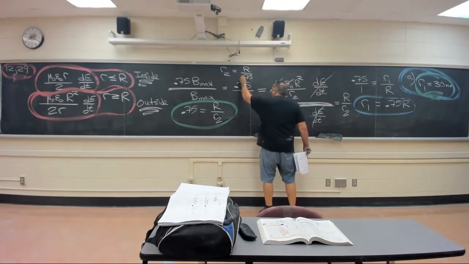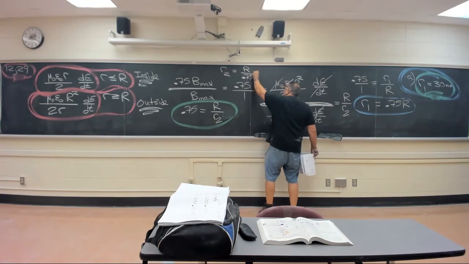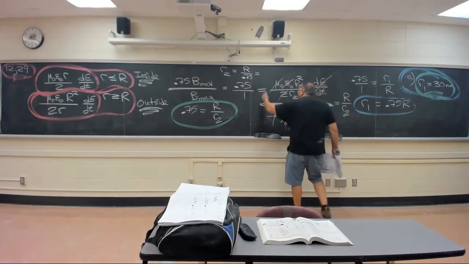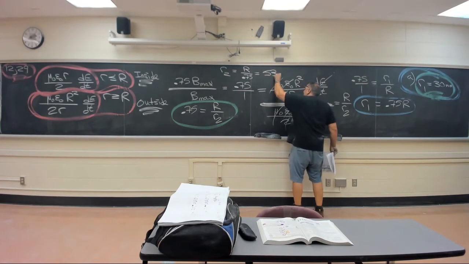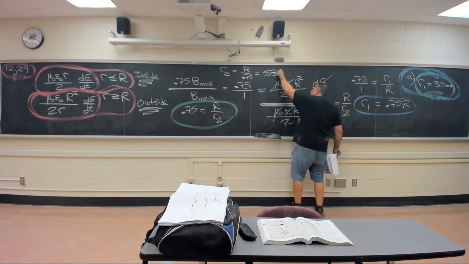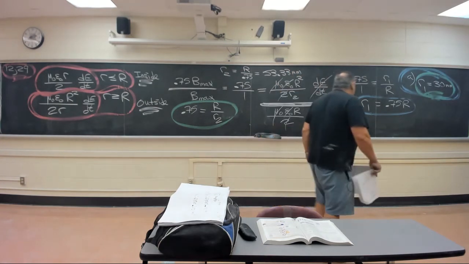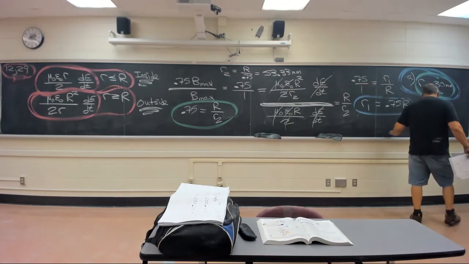Big R is 40 millimeters, divided by 0.75 is 53.3 repeating millimeters. Yeah, it's outside of the 40 millimeter place that we were talking about. Absolutely. That's A.